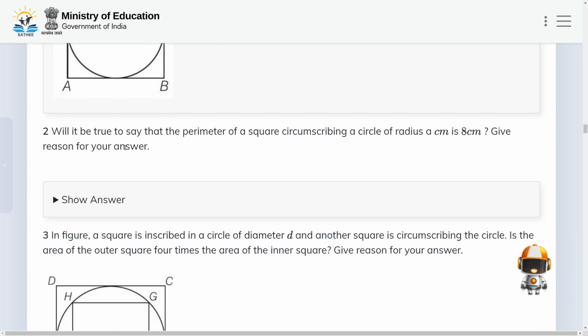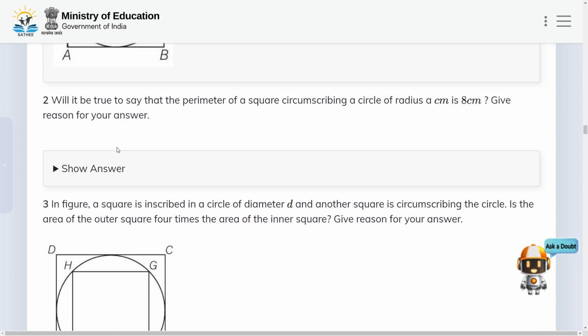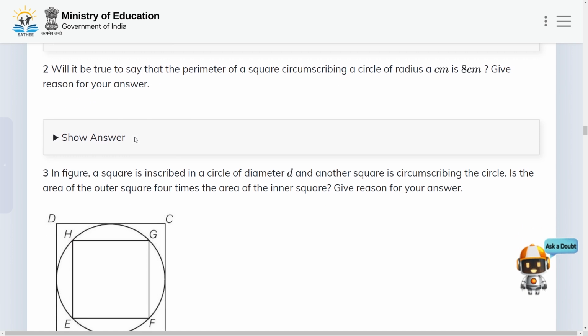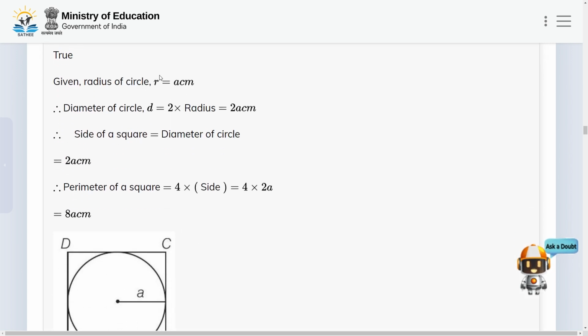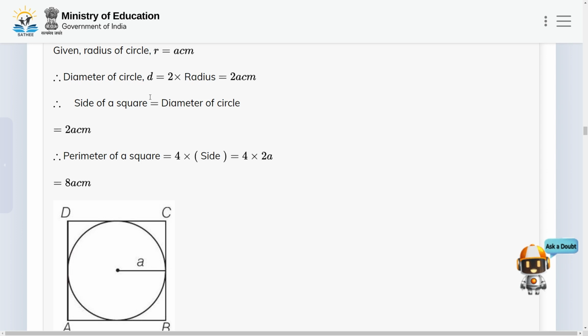In the next one here we have, will it be true to say that the perimeter of a square circumscribing a circle of radius a centimeter is 8 centimeter? Give reason for your answer. So let us see the answer. The given radius of circle r is a centimeter.